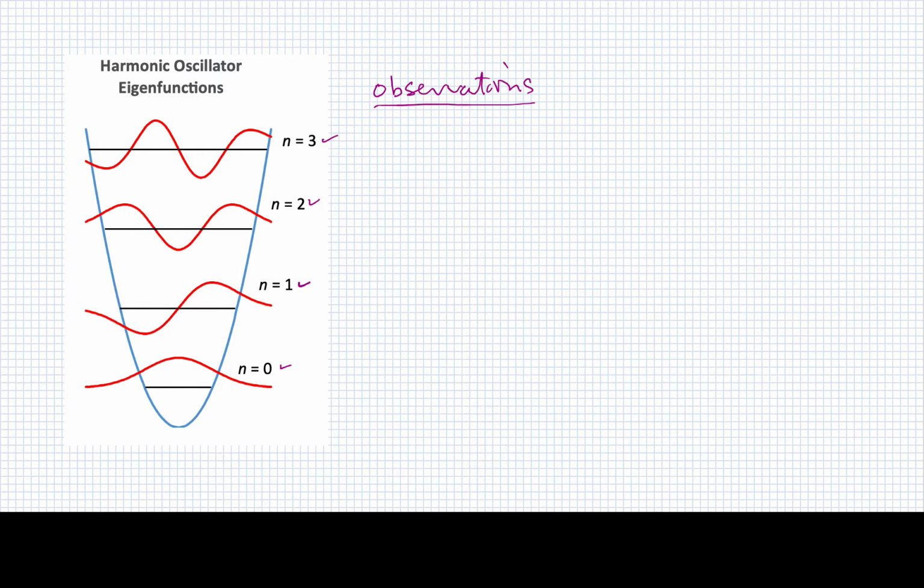First of all, the number of nodes that we see in each of these eigenfunctions is simply equal to the number n. n equals 0 has no nodes. n equals 1 has a single node. n equals 2 has 2 nodes, here and here. n equals 3 has 3 nodes, here, here, and here. And we would find that this is similarly true for higher n.